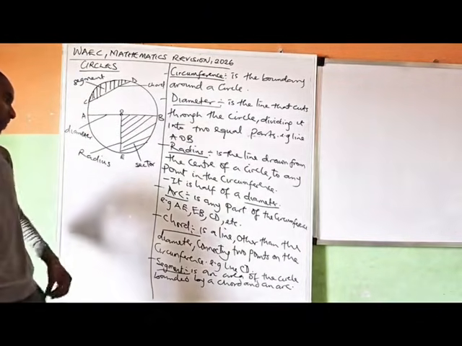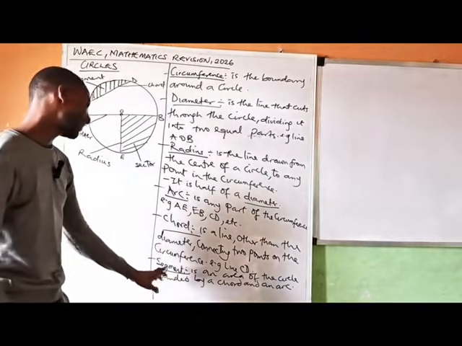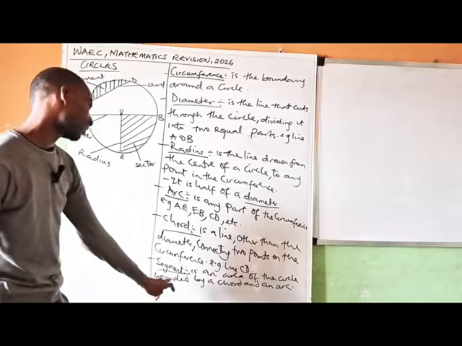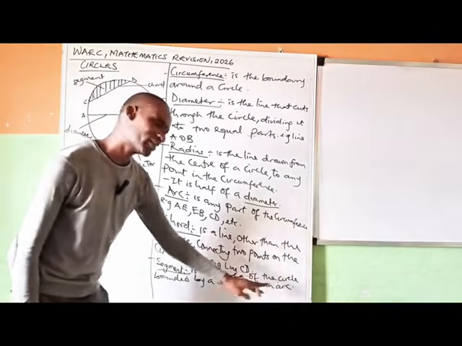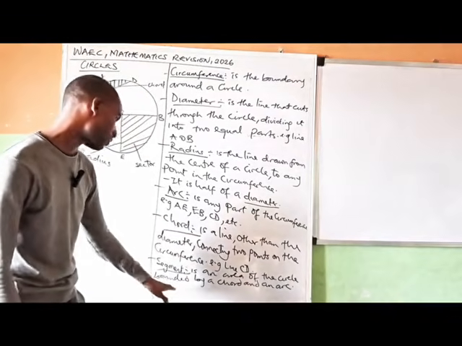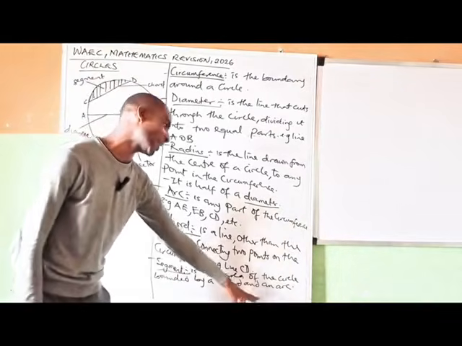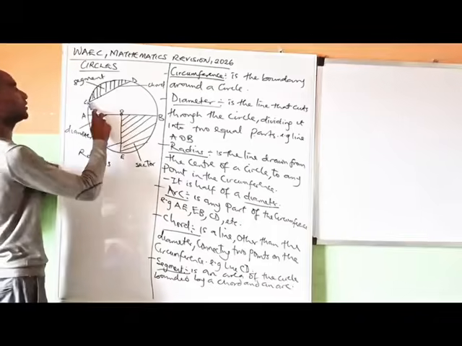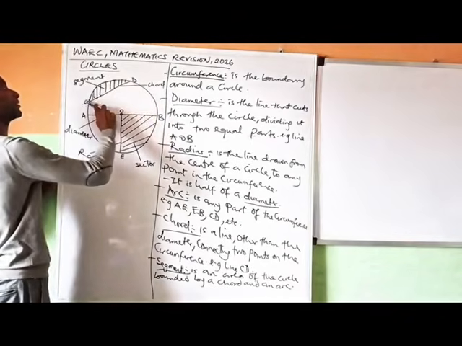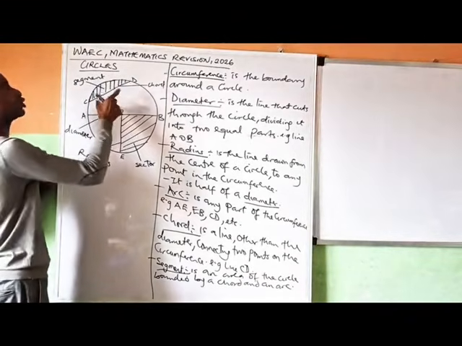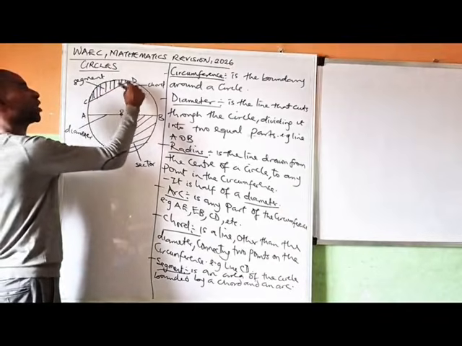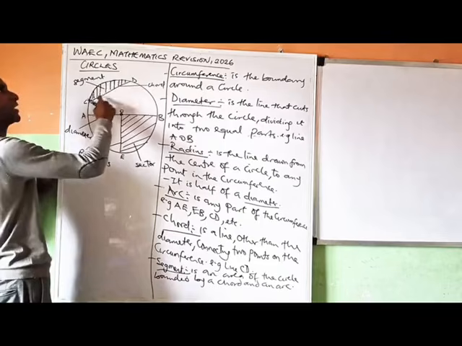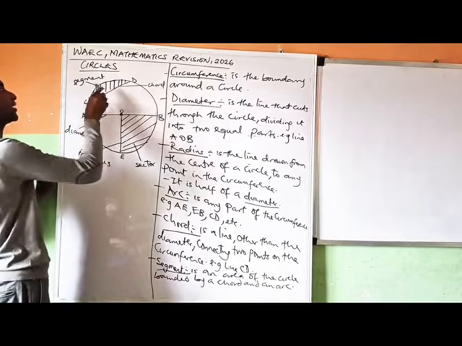Then a segment is a portion of the circle bounded by a chord and an arc. So this is a chord, this is the arc, C to D is an arc.